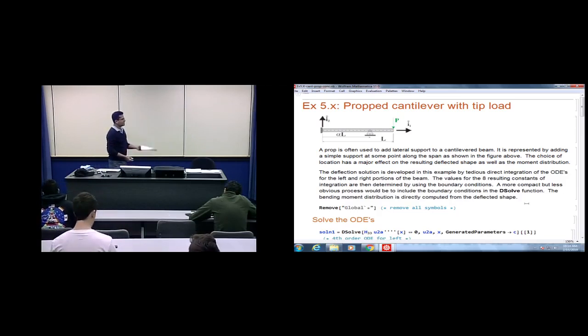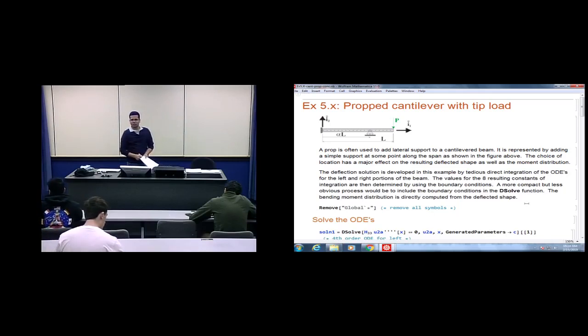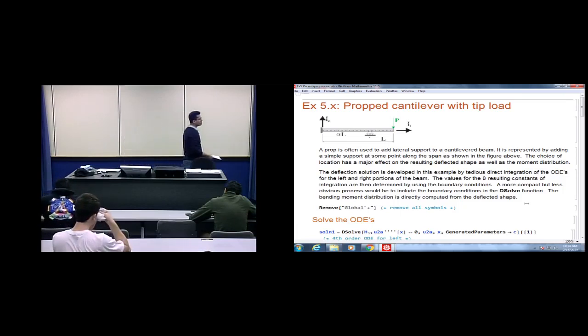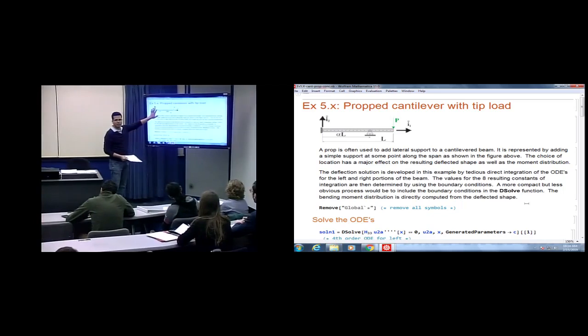So we'll take this problem where there is a cantilever beam and there is an additional roller support after a length of alpha L. Alpha is just a number which is less than 1, and this support restricts displacement. So we are only talking about a planar problem.